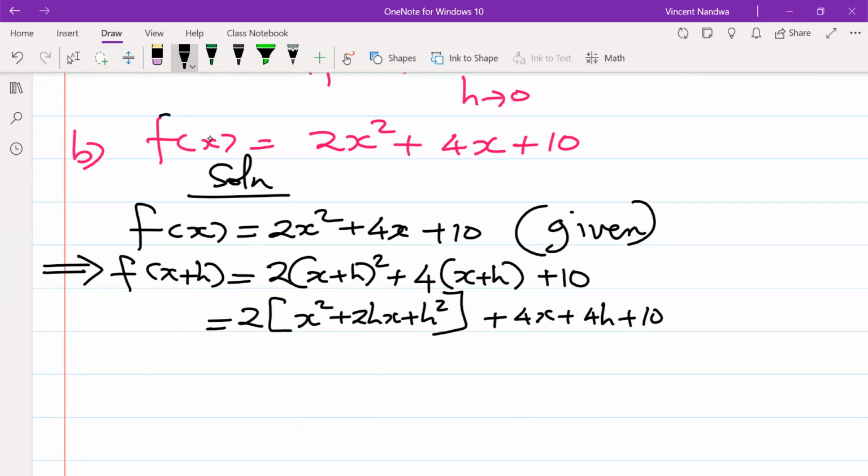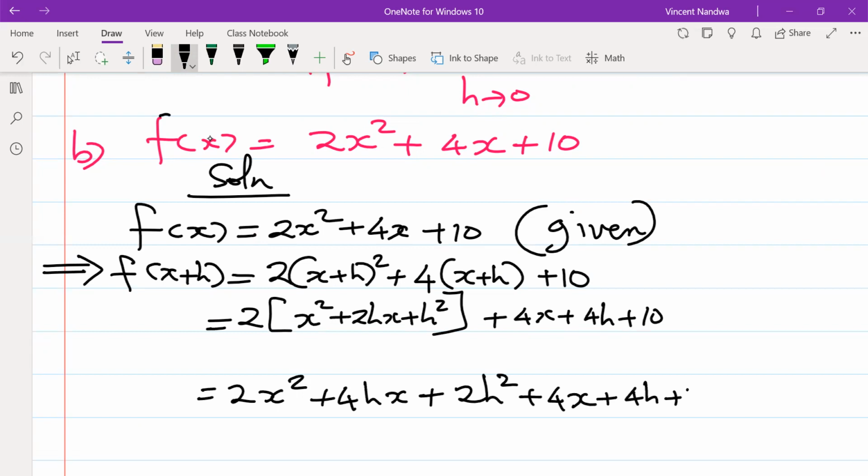So 2x squared plus 4hx plus 2h squared plus 4x plus 4h plus 10. Good. So don't be scared by the length of the expression. So that's what we have.